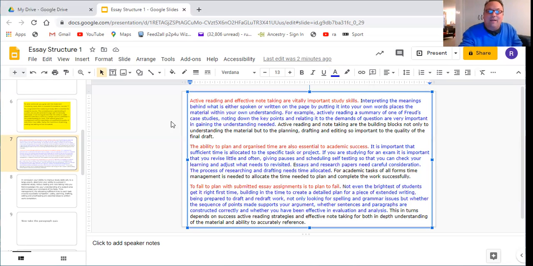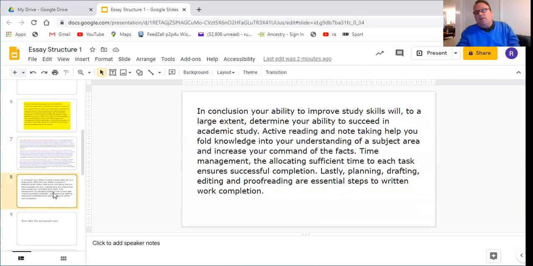It is evaluation. The conclusion, as indicated, simply rehashes what it said. So it comes back, it says, look, this is to a large extent. It says active reading, therefore it says time management, therefore, and then it talks about planning, drafting and editing.